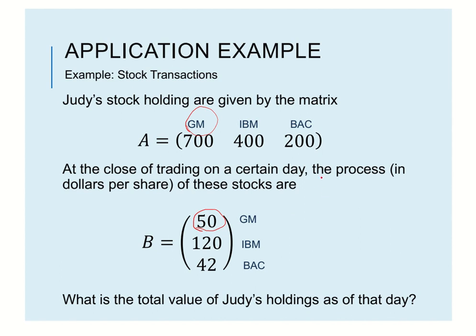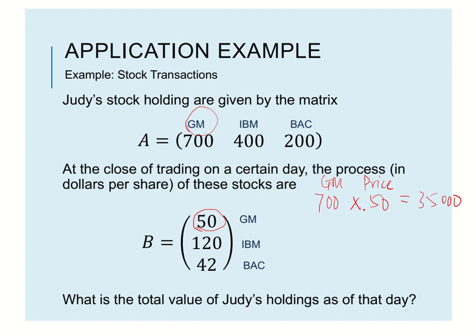Let's say Judy has 700 units of GM. This is the quantity, and the price of GM is 50 per unit. So we multiply, and we have 35 and 3 zeros, so it's 35,000.